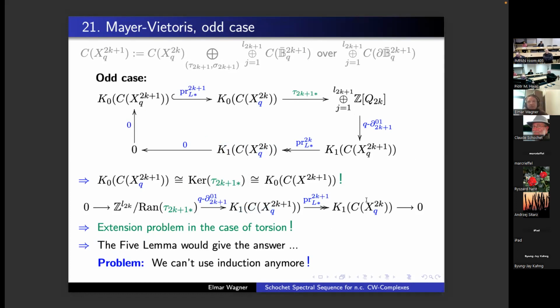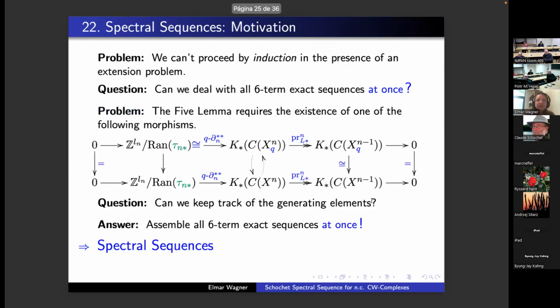So if you have Z2 here, Z2 here, you don't know if it's Z4 or Z2 times Z2. That stops the induction process, but with spectral sequences, that's everything in one gadget. So I can say something about it. I cannot solve the extension problem, but I have information about the K-theory. And that's the nice thing about these spectral sequences.